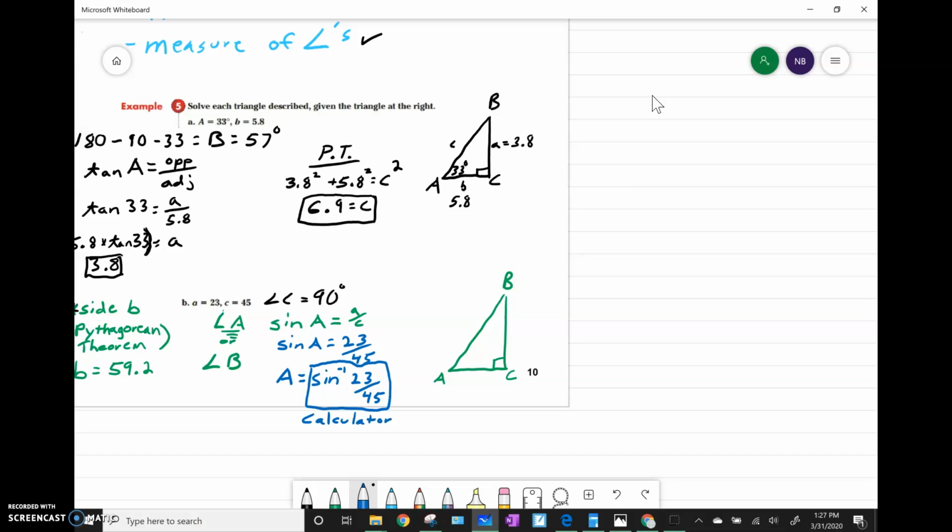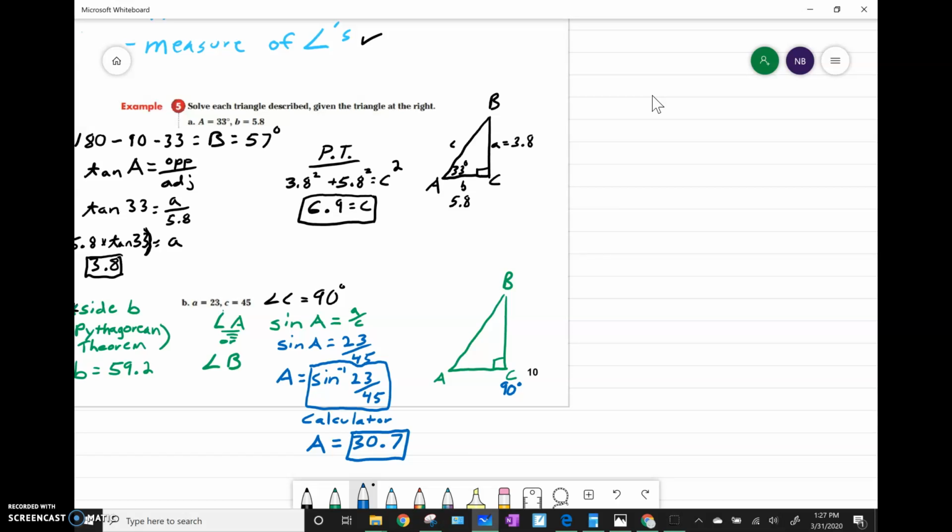All right, so you'll put the inverse of sine times 23 over 45, and you end up with angle A equaling 30.7, okay? And just like we did before in other examples, we have angle C, which is 90 degrees by definition of right angle.